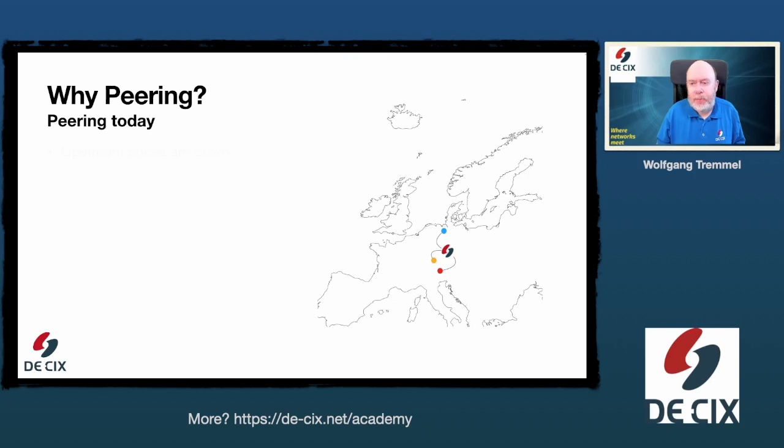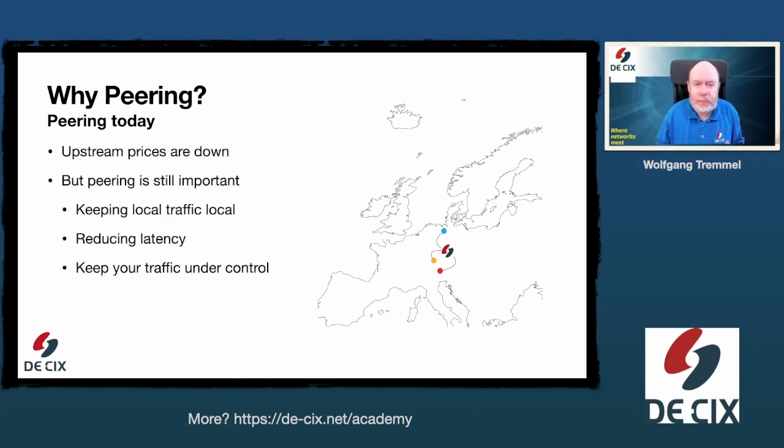Today, well, upstream prices are down, but peering is still very important because it's keeping local traffic local, it's keeping the latency low, and also it helps the provider to control their traffic. They can always steer their traffic over peering or upstream, as it is best for different criteria. Where is it cheapest or where it has the best and lowest latency.